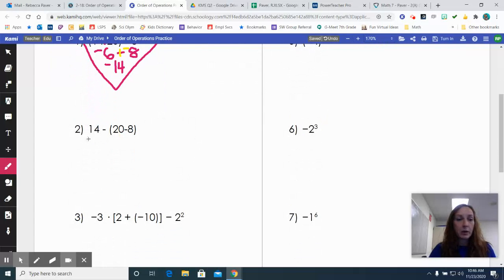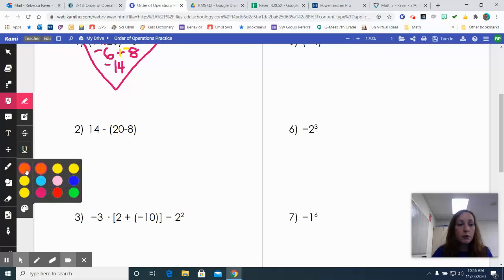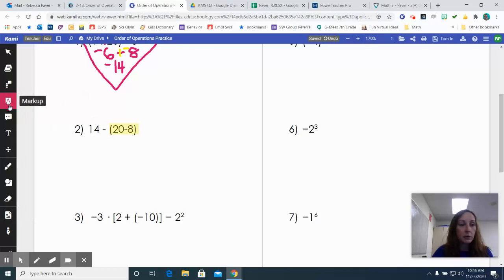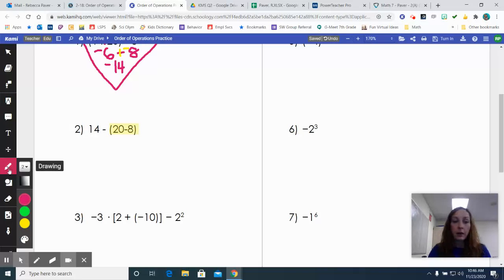Here's another example. Number 2, we've got 14 minus the difference of 20 and 8. So we'll solve what's in grouping symbols first. So I will complete 20 minus 8. If it helps you, you can use the box highlighter tool to highlight the part of the problem that you're solving. So here 20 minus 8 is exactly what I'm solving first because it is in parentheses.